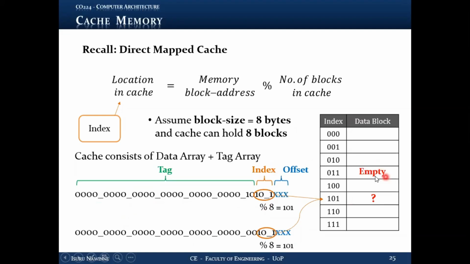But assume you have an empty block somewhere else in the cache. Throwing out this old entry while there is an empty block is not very beneficial, considering our locality principles, right?